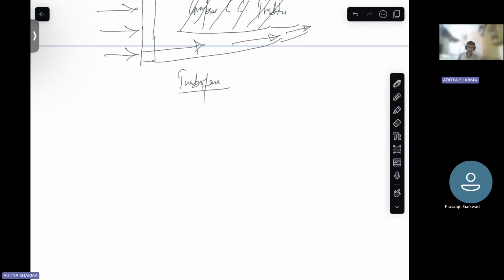Then there is a comparison between your different engines based on at what altitudes they work and what Mach ranges they work. If you see your turboprops, they work below 0.5 Mach and at altitudes around 6,000 meters.